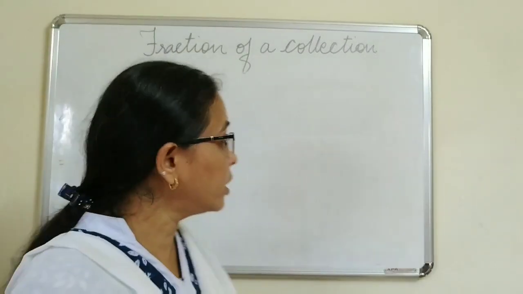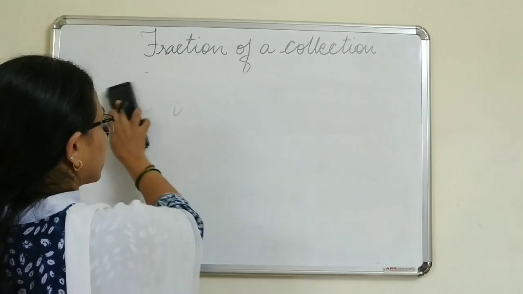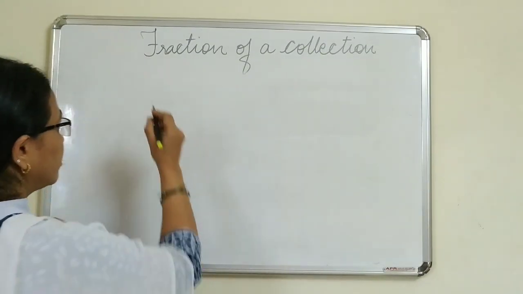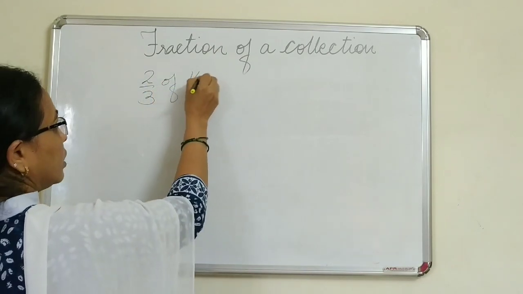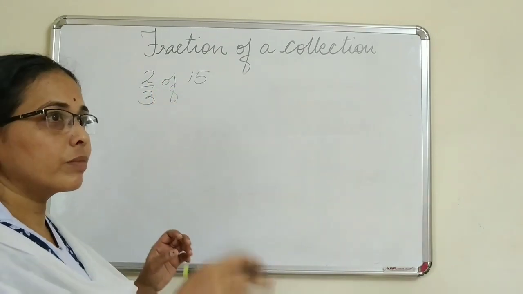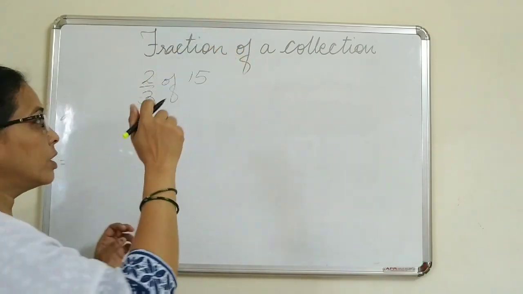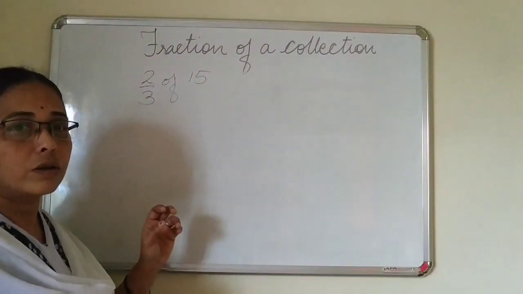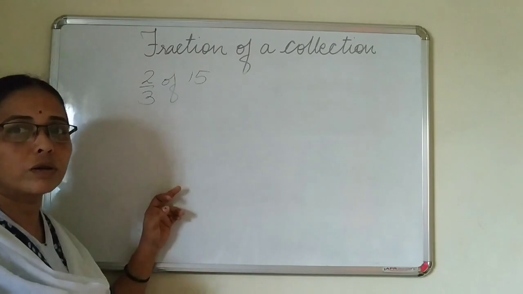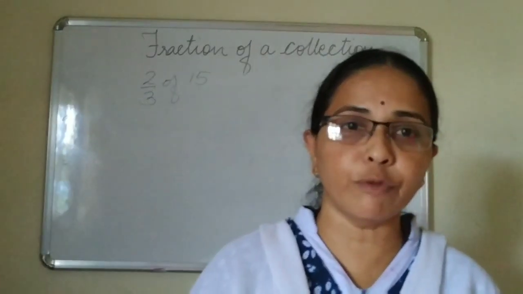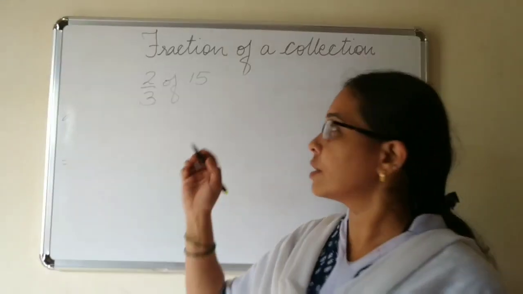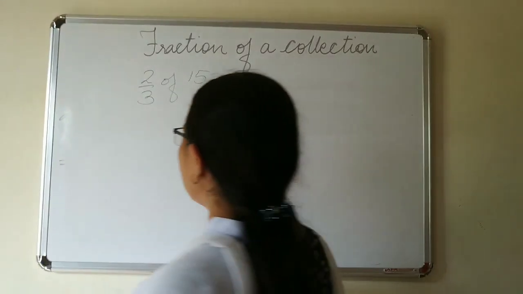Let's see. 2/3 of 15 means you have to follow the same method. 2/3 of 15, that is how we will write here.